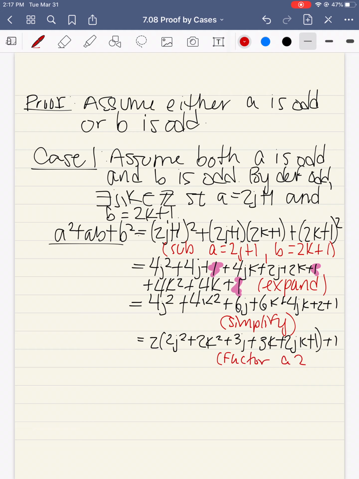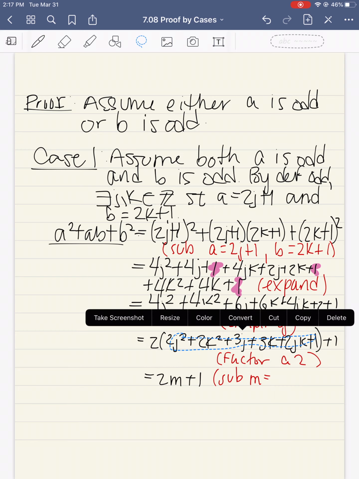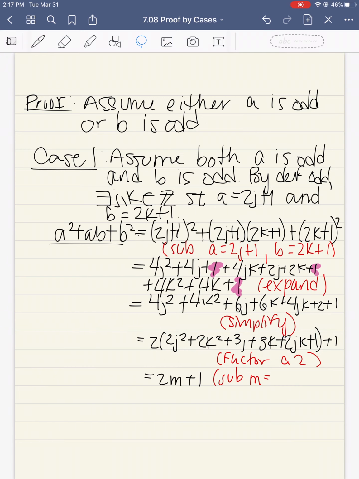Factoring a 2, and then I can rewrite this as 2m plus 1, so sub m equals, let's see if I can do this. Copy, paste. Excellent.